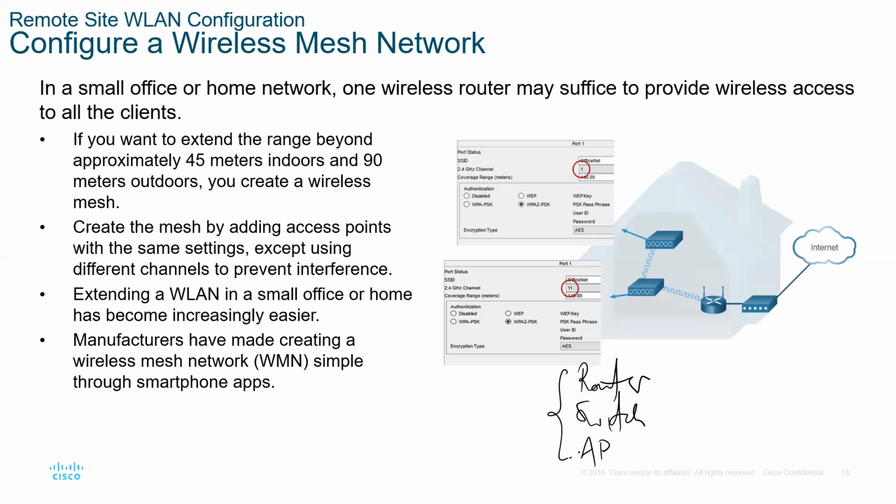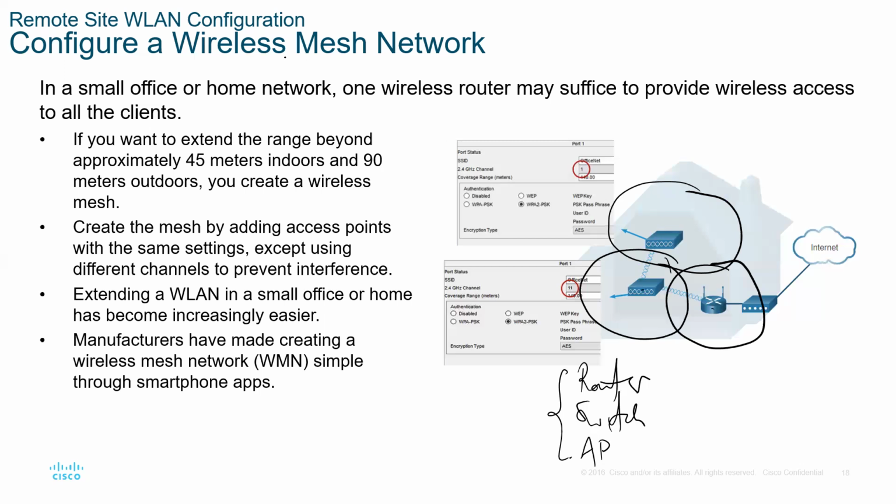Wireless mesh here is just a network that you create so that you extend the coverage of your network. If I'm using a wireless router, my coverage is limited. If I add an AP, I've extended my wireless network. If I add another one there, I've extended my wireless network again.